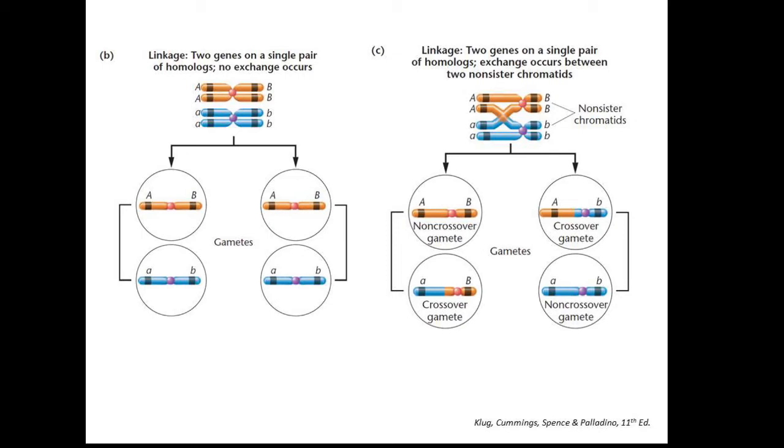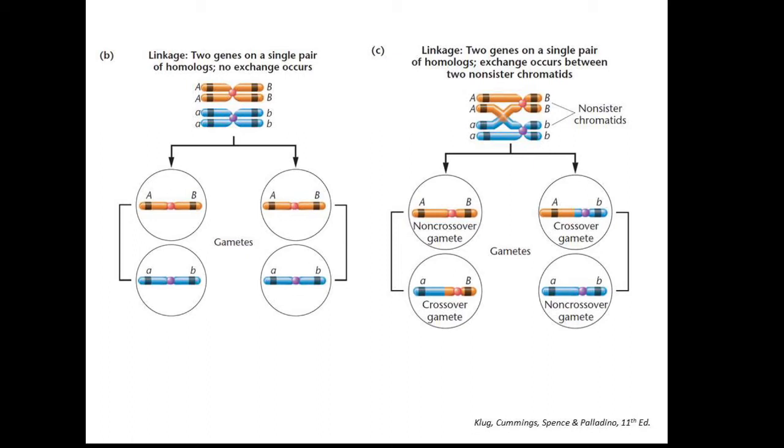So whatever is seen in the parental chromosome in the upper panel is seen in the gametes. In the right-hand panel, the same kind of conformation is shown, capital A and capital B, small a and small b, but two non-sister chromatids have now crossed over.